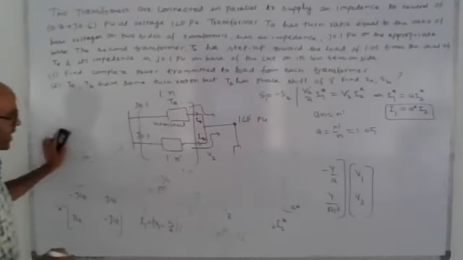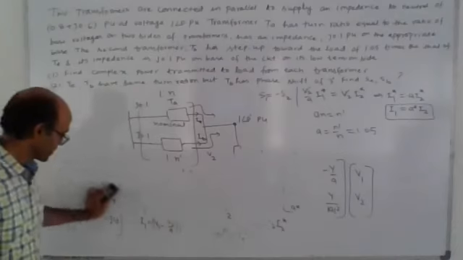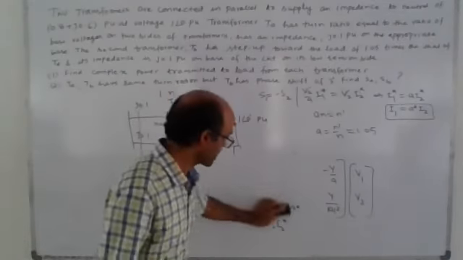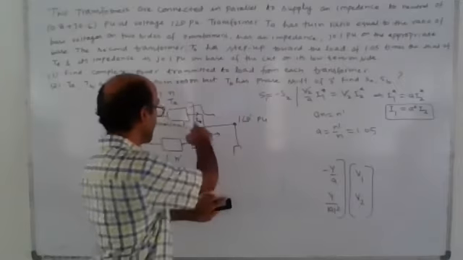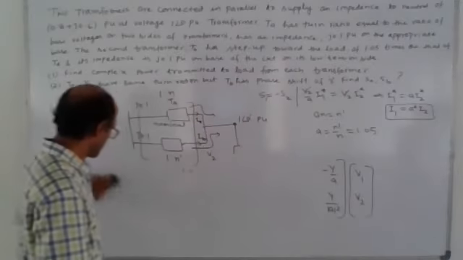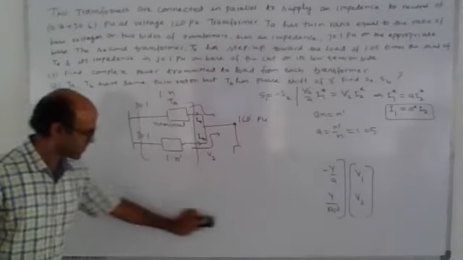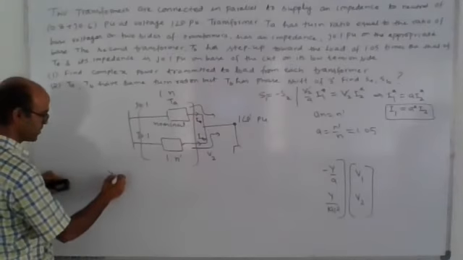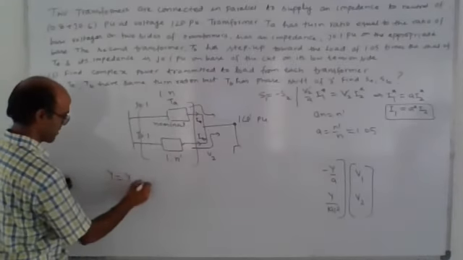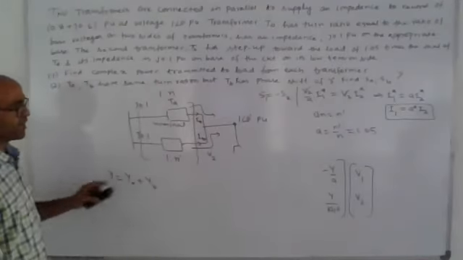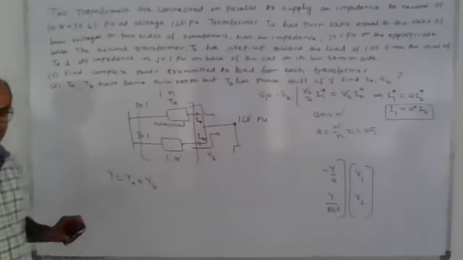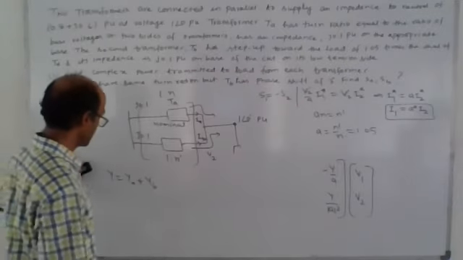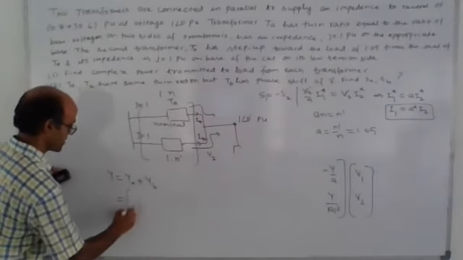So our objective is to find the current. To find the current, we have to find the total current before finding IA and IB. So we are finding the total parameters. What are the total parameters? Y equal to YA plus YB. If you add up both, then you are getting YA is what?